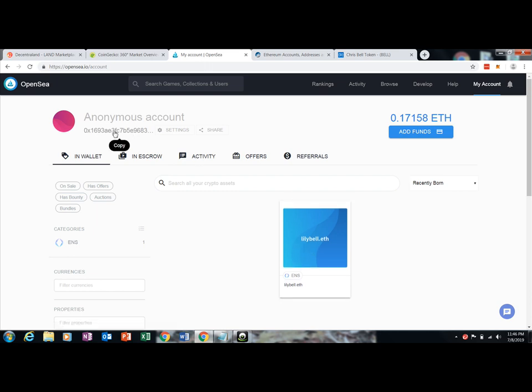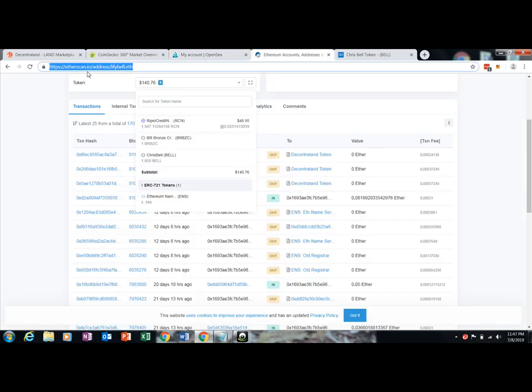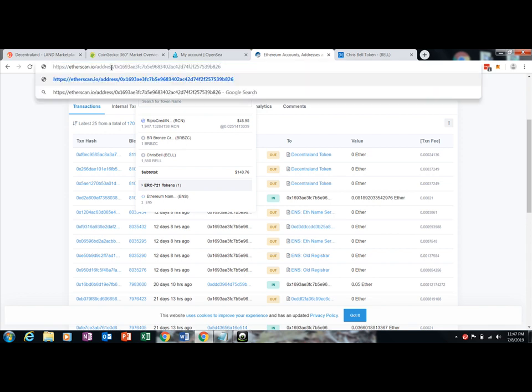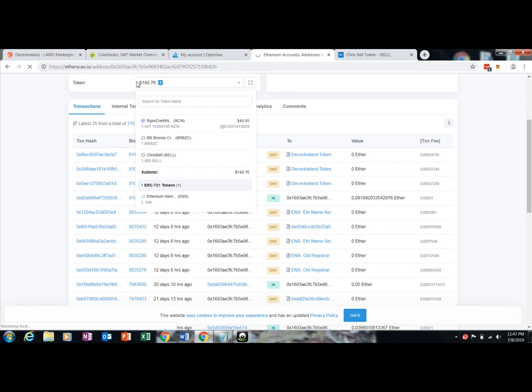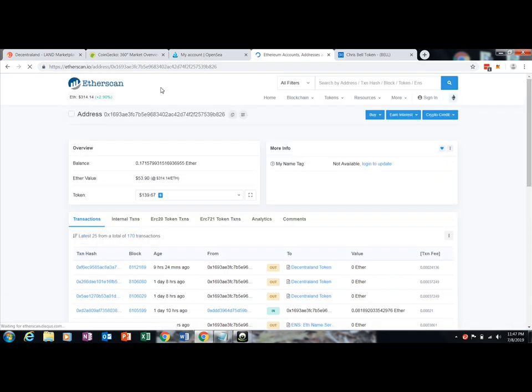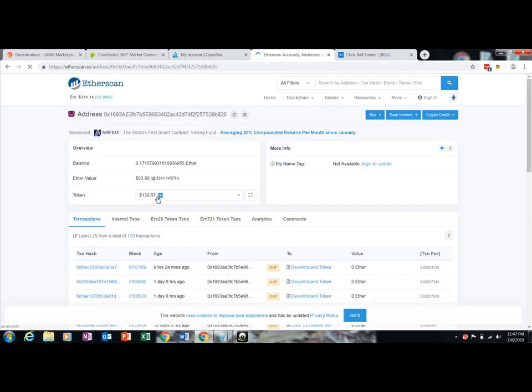So this is, I copy this address, and you can see etherscan.io is the block explorer for Ethereum. And if I type in that address, that is exactly the same, 140.76. Oh, it changed slightly because of that, but this is Lily Bell, so you can see the 1693A.